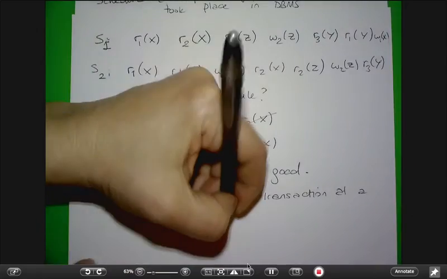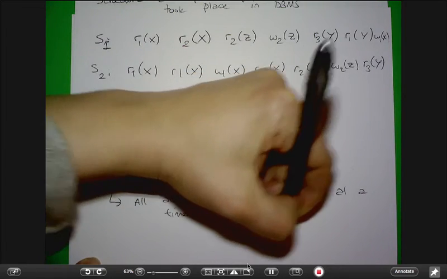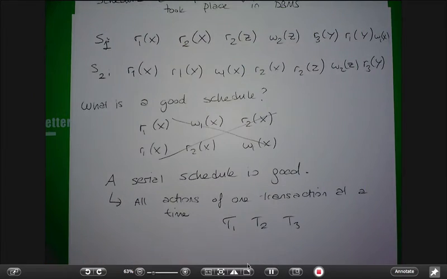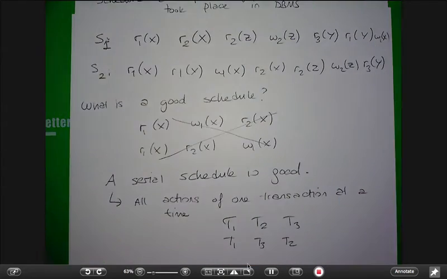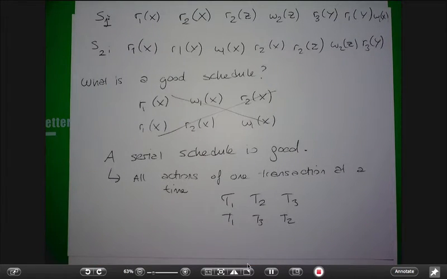You do everything for T1, everything for T2, then everything for T3, or you do everything for T1, then T3 and T2. The ordering doesn't matter, as long as everything for one transaction comes before the other one. Any of these are good, because you write transactions as if they were the only one executing, and if only one were executing, any of these should be acceptable, right? So a serial schedule is acceptable, ordering is not important.